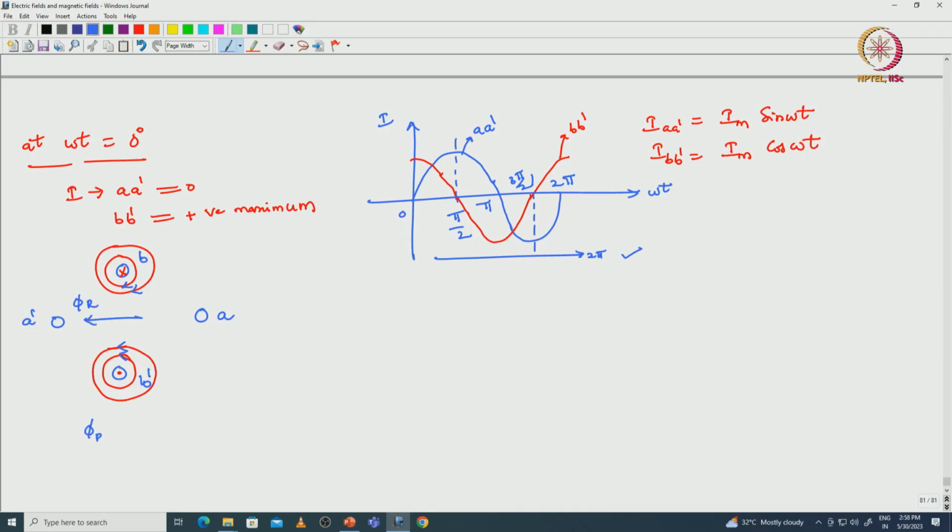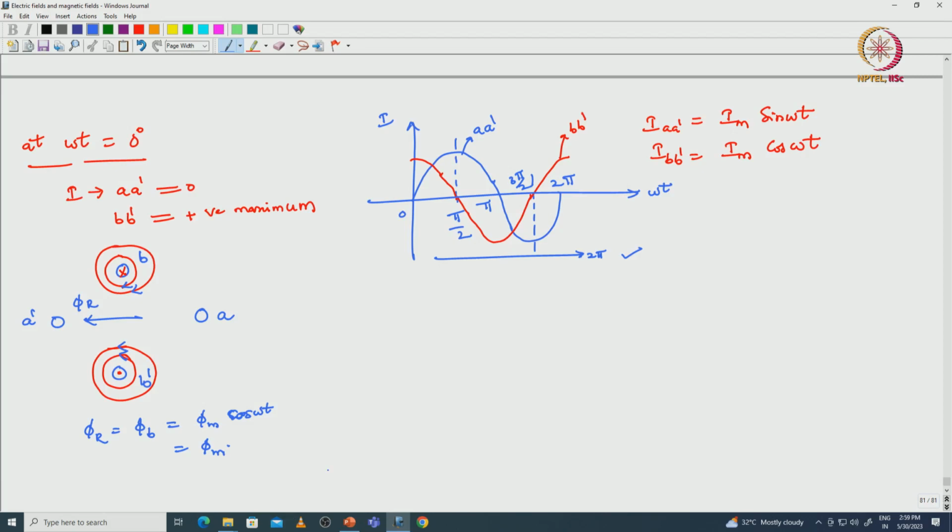Here the resultant flux vector magnitude is nothing but the phi b magnitude. Phi b is phi m cos omega t, and here omega t is 0, so the resultant vector magnitude is phi m at this particular point.